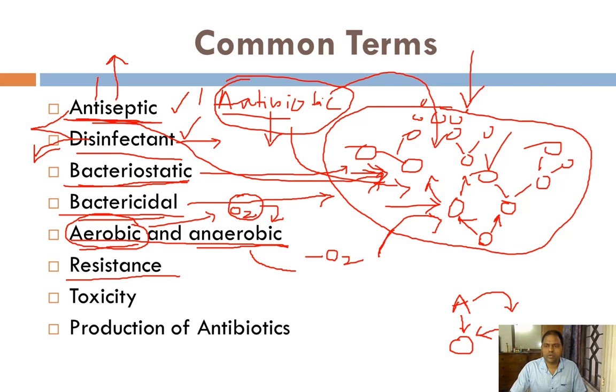So this same antibiotic may not work on the same bacteria. That is called resistance. In that case, you will have to change the antibiotic. You have to go for another antibiotic.